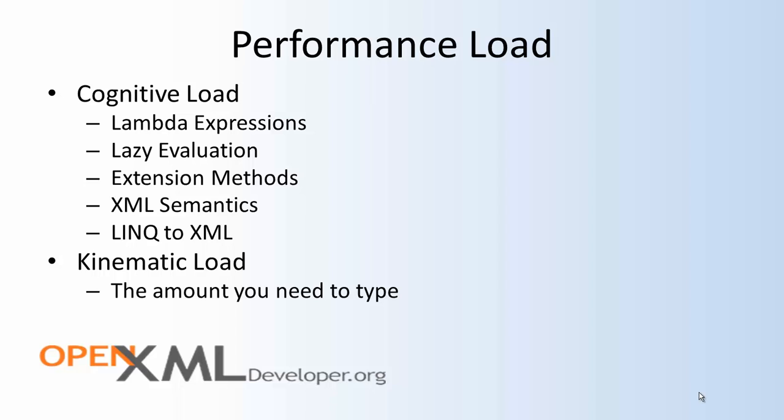So part of the kinematic load that we are attempting to reduce is we're making it easier to do debugging. If you can write more accurate code, then you have less debugging to do and you can be more productive. That's our goal in writing these types of transformations. Well, enough of talking about this. Let's go look at some code.